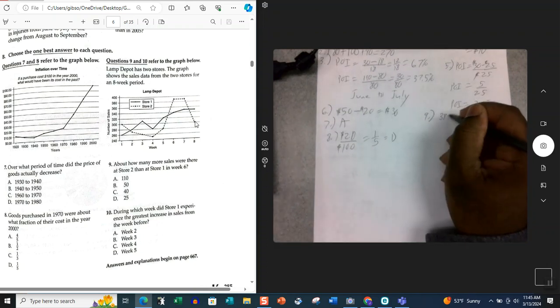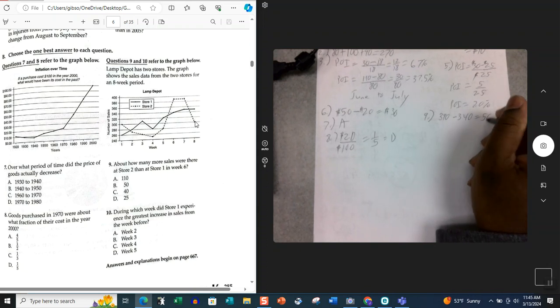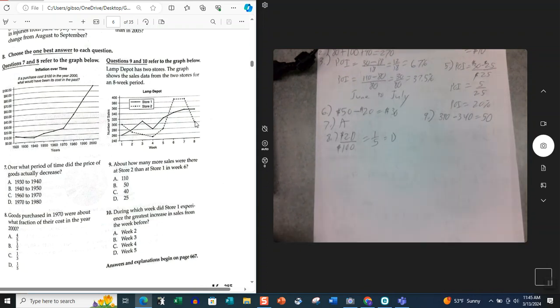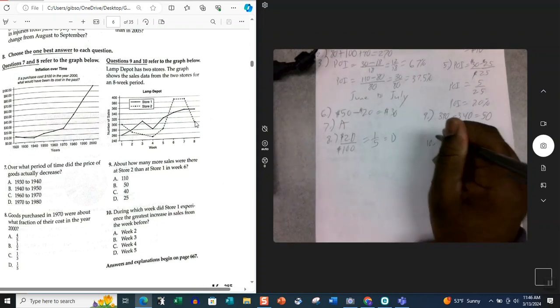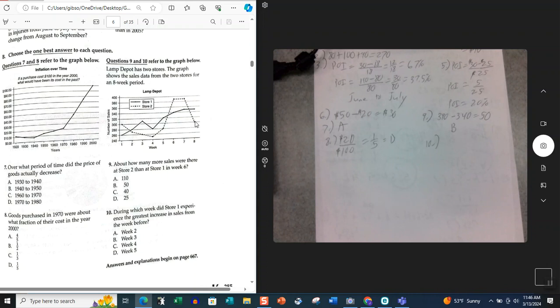So we had 390 minus 340, which is 50. Now, it did not tell us that it was in thousands, millions, or whatever, so it'd just be 50, which is B.